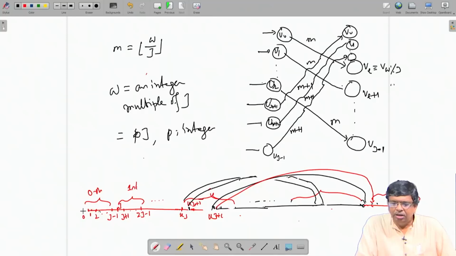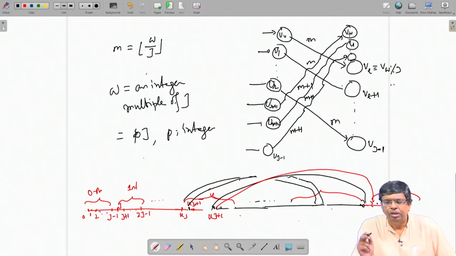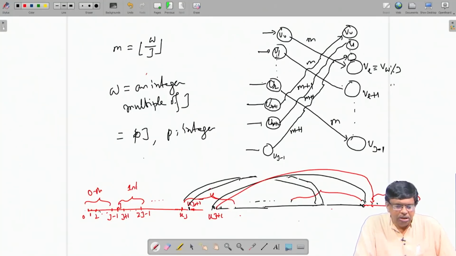So, the leading data, that is the 0th or j plus 0th or 2j plus 0th etcetera, will be processed by the processor with index 0, like U0 or V0. Similarly, data with index 1 will be processed by U1, V1, like that.